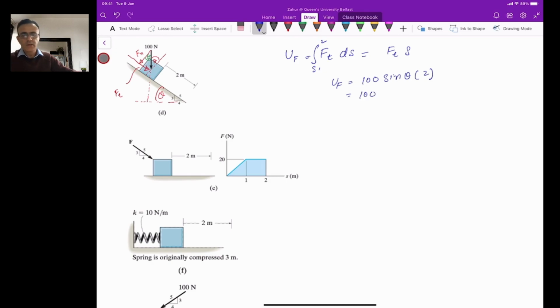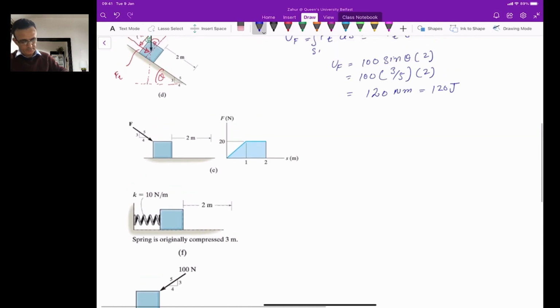And now the sine of theta in this case is 3 by 5, into 2. So from here you can calculate the value of the work, which is 120 Newton meter, or 120 joules. So this was part D.